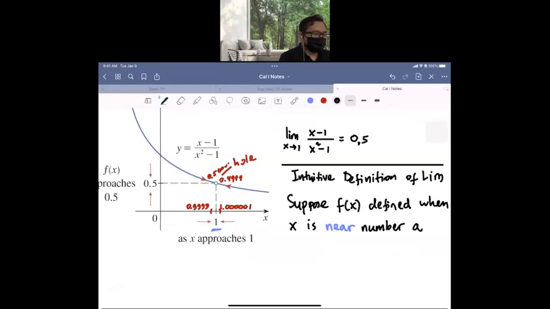So we can write, if we have the limit as x approaches a of some function, this is going to be some value L.